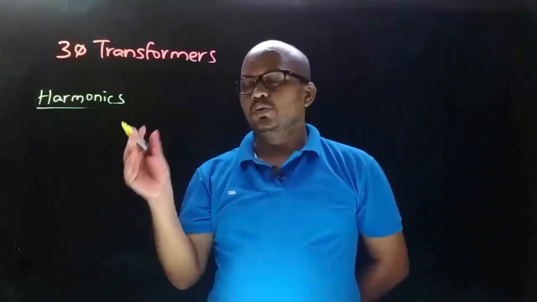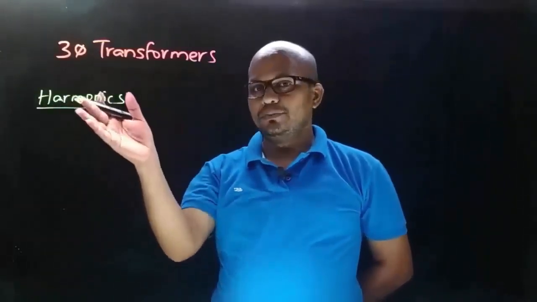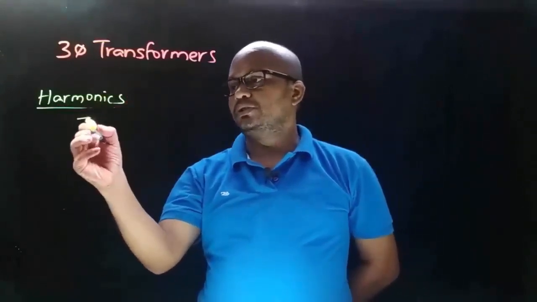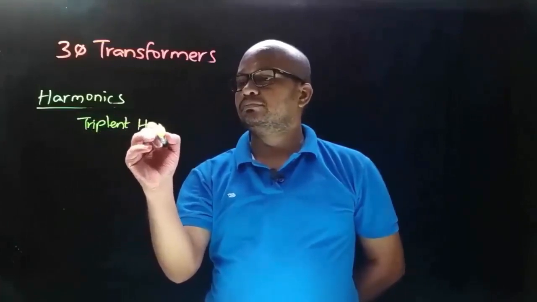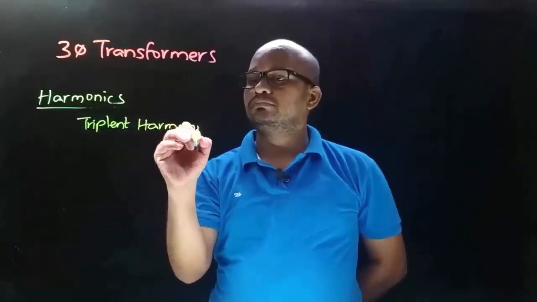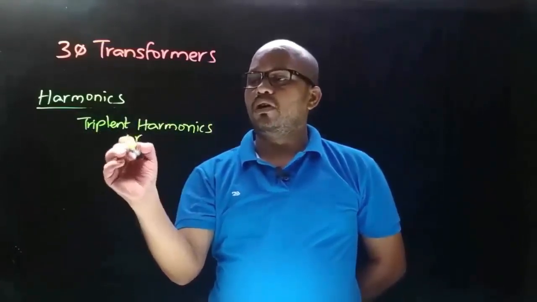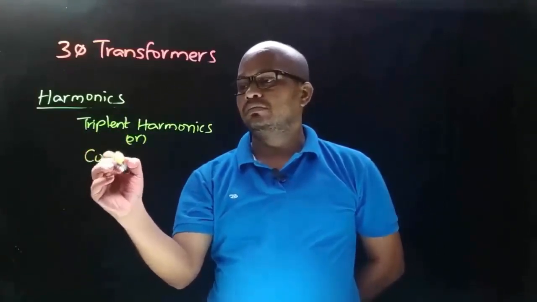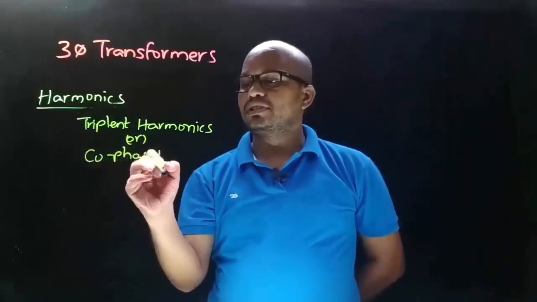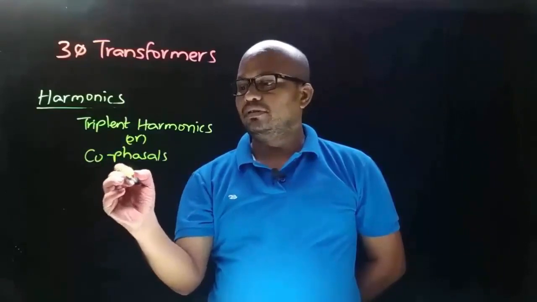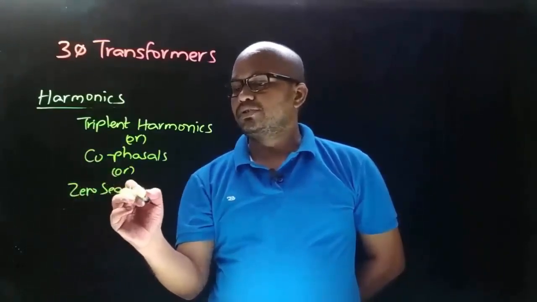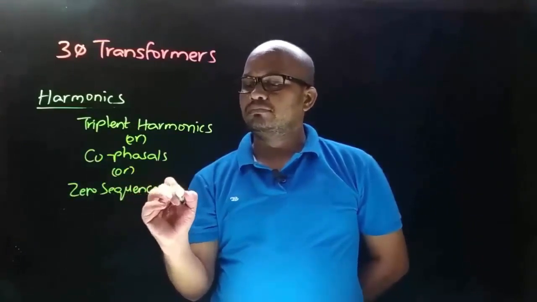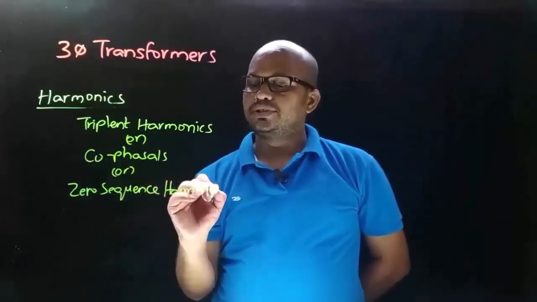And now coming to the concept of harmonics, the most important one that you must know from the harmonics concept is about triplen harmonics, also called co-phasals, or also called zero sequence harmonics.